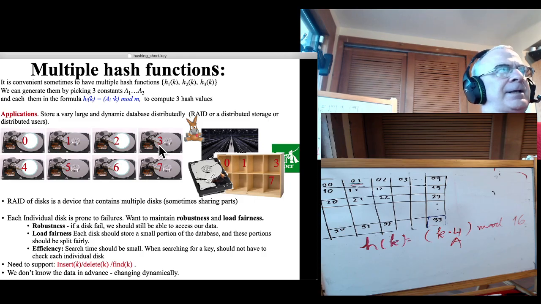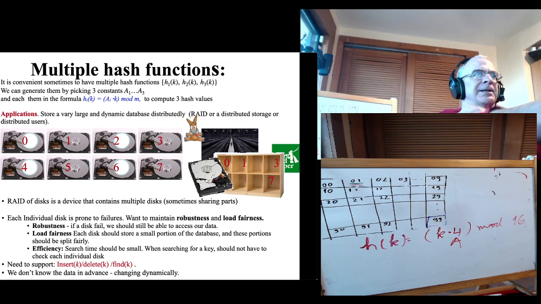And the idea is, let's store the data in a lot of places. Meaning, let's think about several hard drives. Maybe all these 8 hard drives are all in my own computer, or maybe these are 8 different users that are distributed all over the internet.